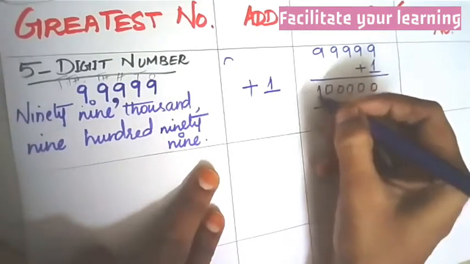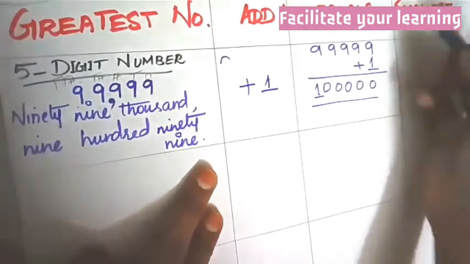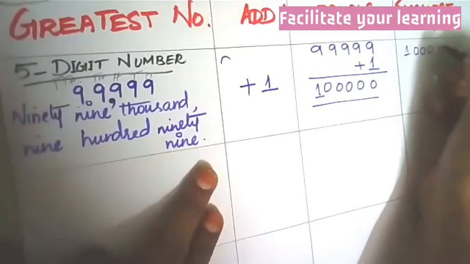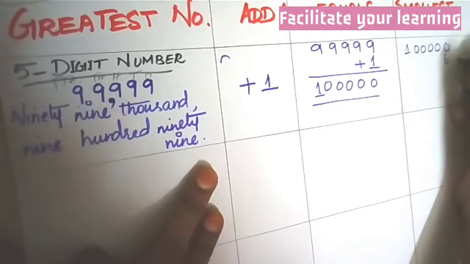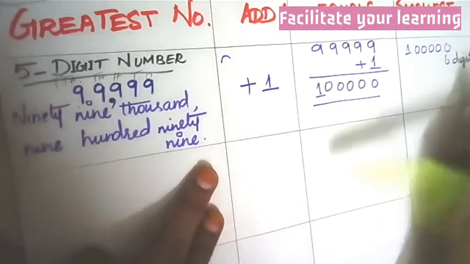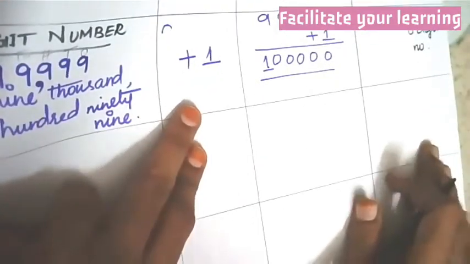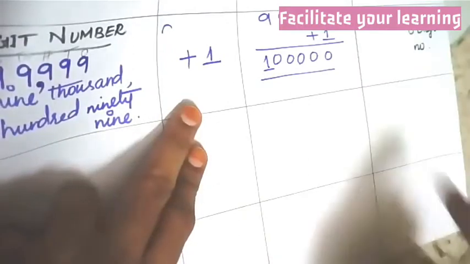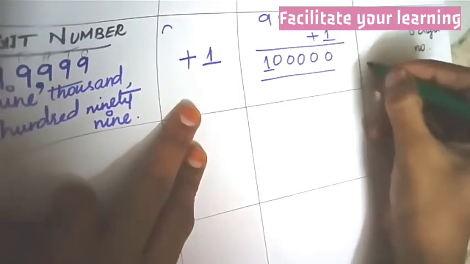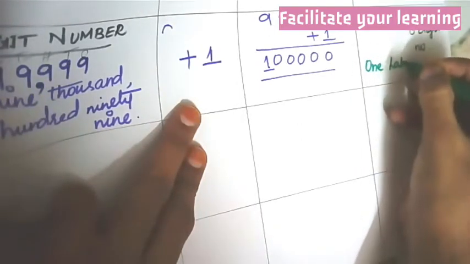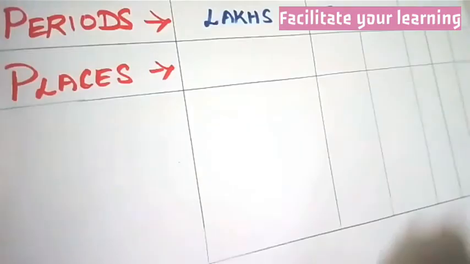Now count and see, there are 6 digits. This is the smallest 6 digit number, and you have to read it as one lakh.